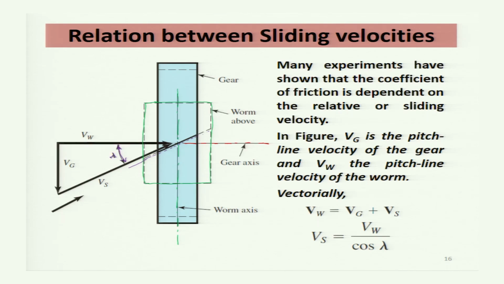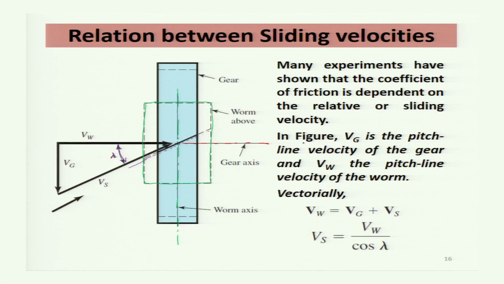So this is the lead angle. The pitch line velocity of the gear is given by Vg, and the pitch line velocity of the worm is given by Vw, and the sliding velocity is along the thread of the worm, and the angle between Vw and Vs is lambda.